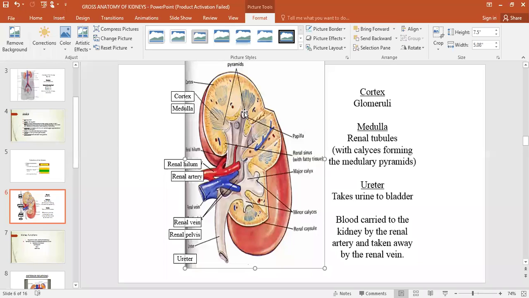So ureter, pelvis, major calyces, minor calyces, renal papilla, pyramid. These are the parts of the renal medulla, and between the pyramids is a portion of the cortex which is called renal column.